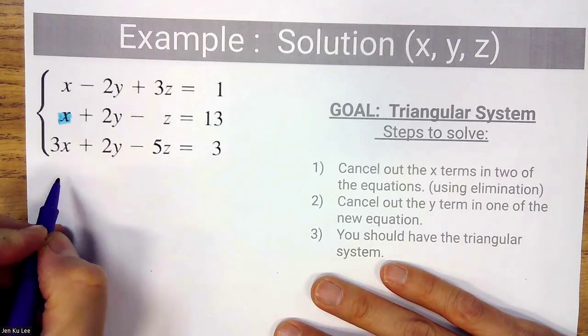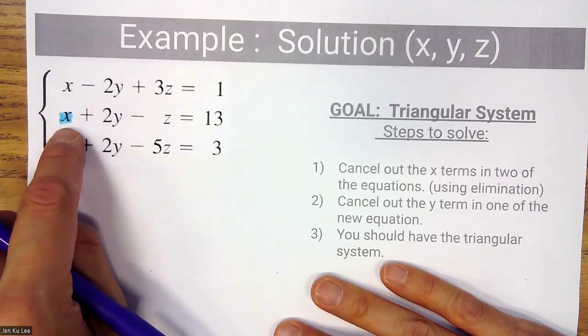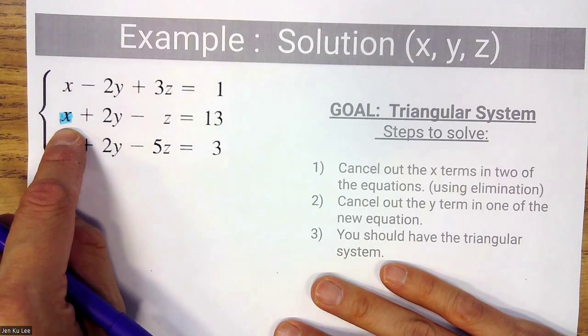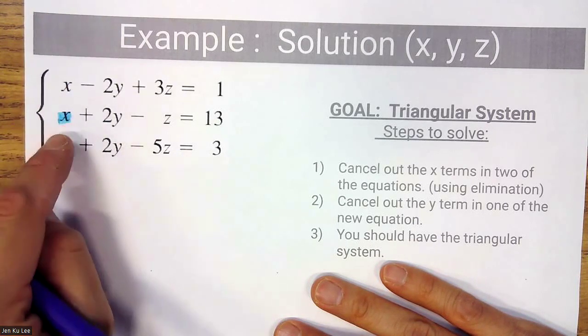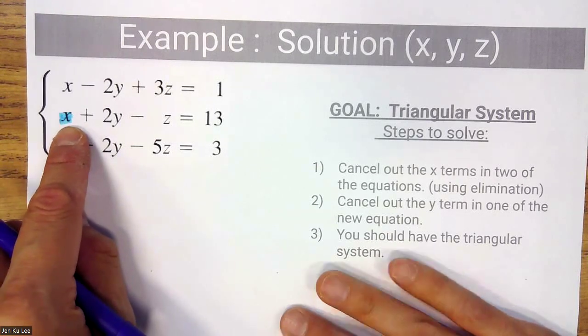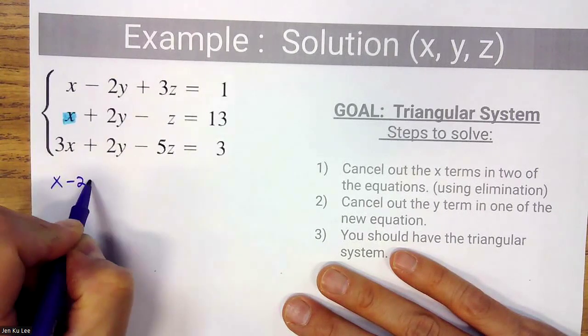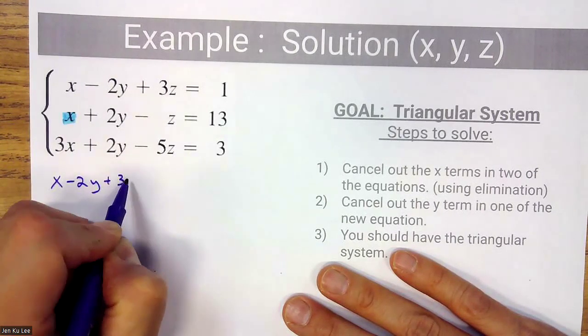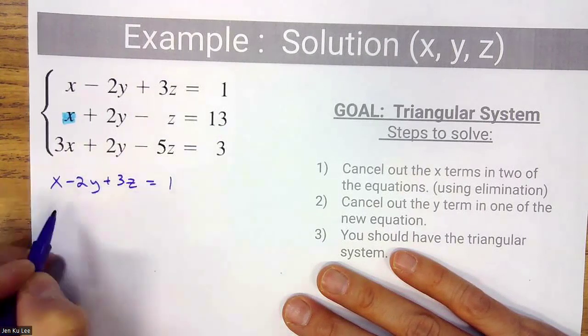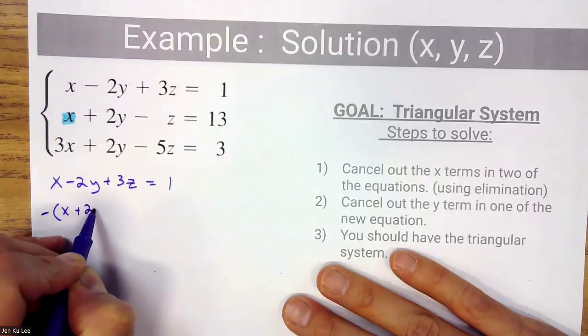If I subtract the first two equations together, x minus x, they will just cancel out, right? I would successfully cancel out that x. If I subtract the second equation.